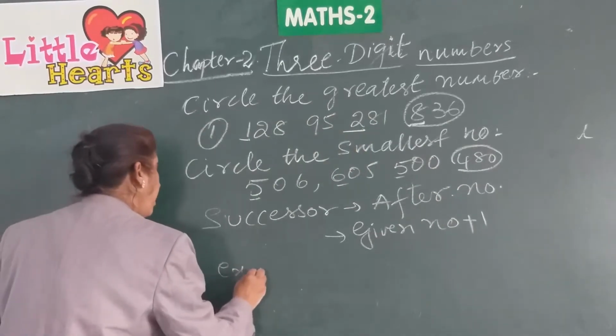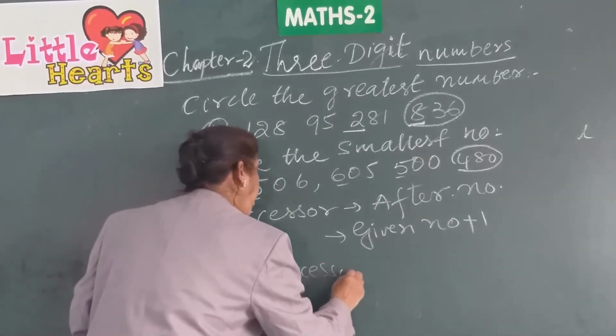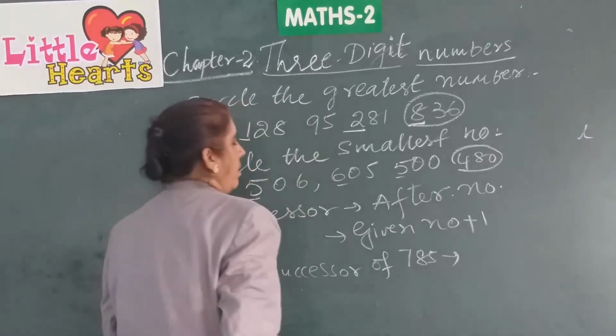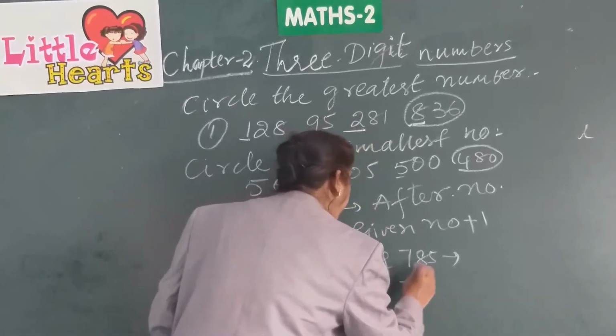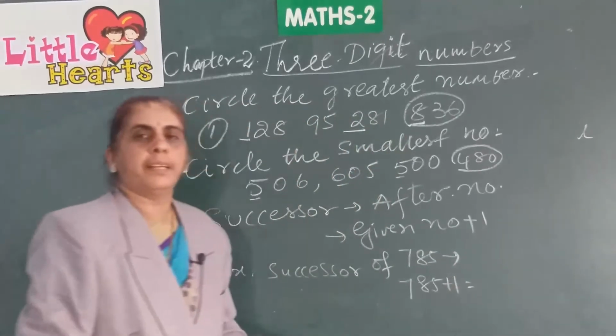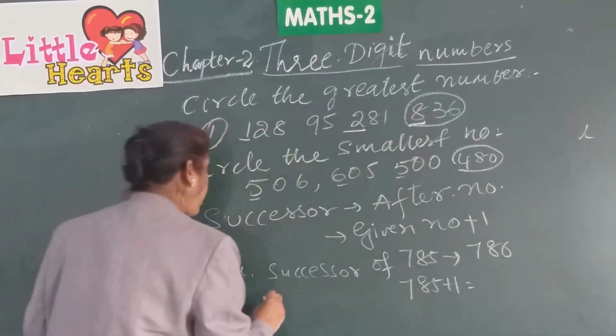For example, what is the successor of 785? 785 plus 1, that is 786.